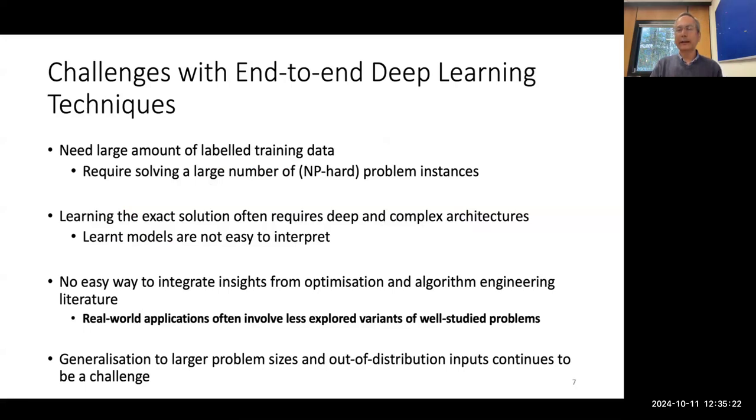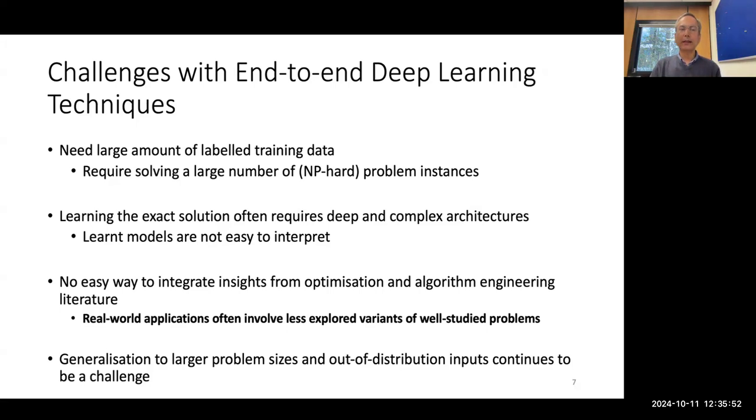The learned model is implicit in the parameters of the model, so the heuristic that we have learned is not easy to interpret. What I mean by that is that we do not exactly understand which features were used by the heuristic. We do not exactly understand, if I have another constraint added into my problem, whether this heuristic will still work for that problem, and so on and so forth.